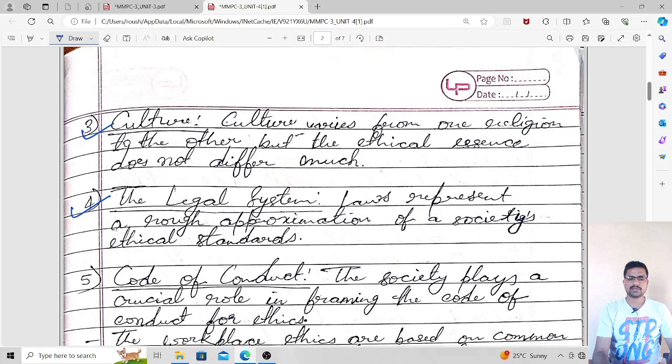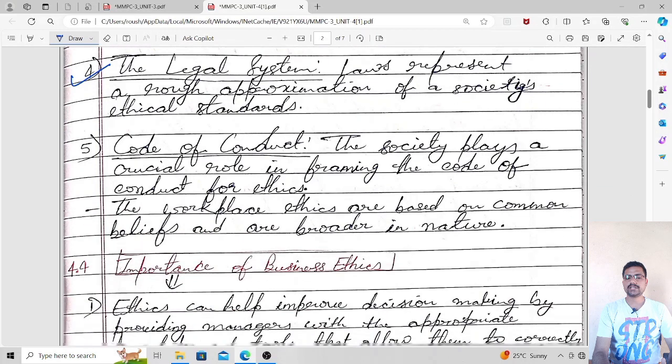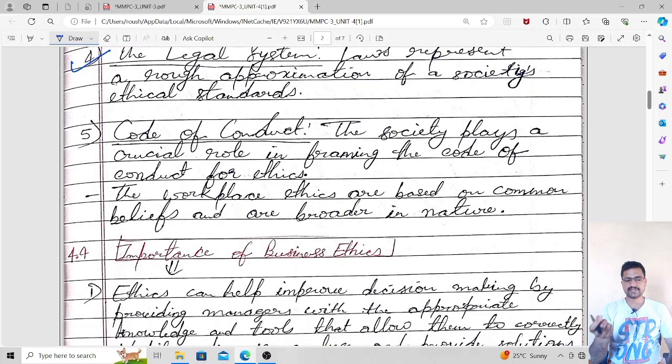Fifth is the code of conduct. Society plays a crucial role in framing the code of conduct for ethics. The workplace ethics are based on common beliefs and are broader in nature. It means what kind of activities are appropriate and what kind are not appropriate. All these things are there in the code of conduct.